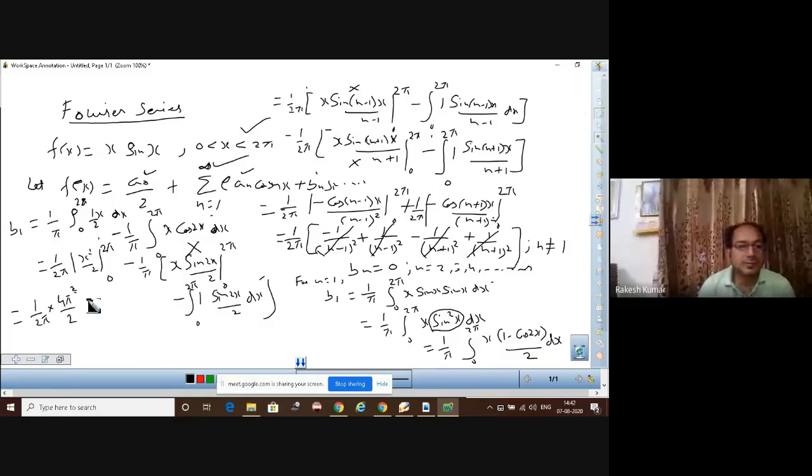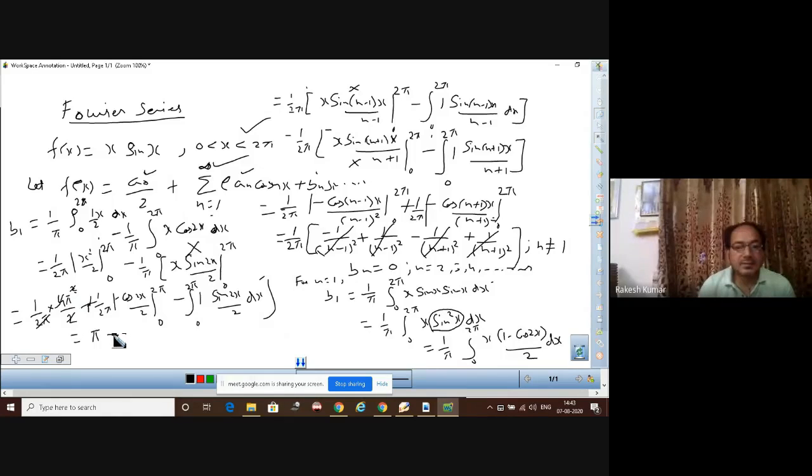Pi and 2 is 2 pi. So 1 upon 2 pi, integration of sine is minus cos 2x over 2, given the limits 0 to 2 pi. So 2 pi will be cancelled, and one more 2 will be cancelled. You will get pi from this term.